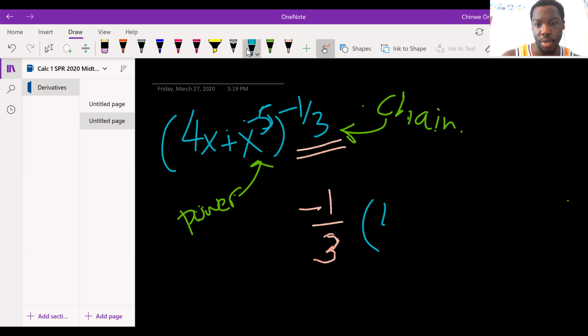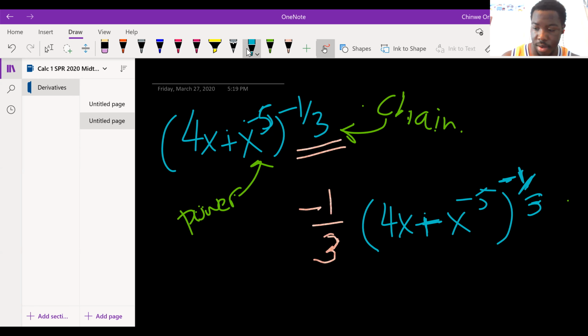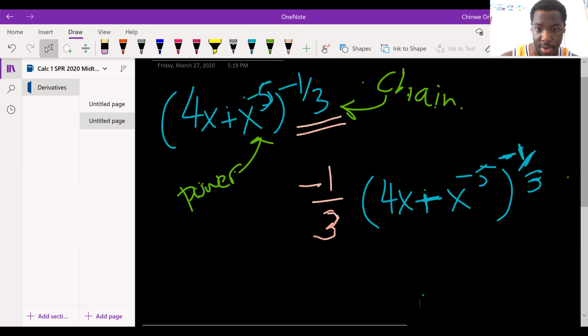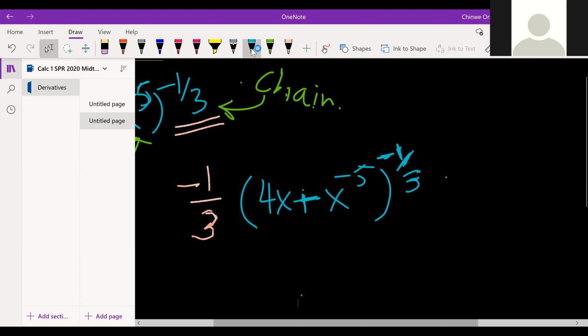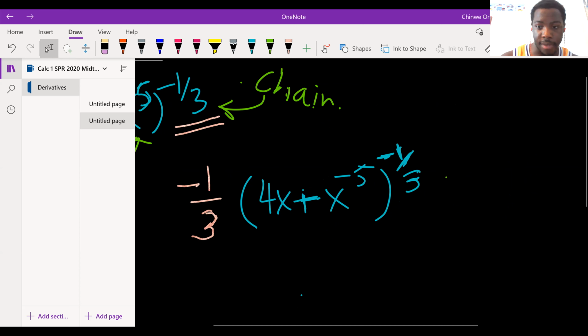4x. So you do the outside function, then you keep that input the same. Everything else is going to stay the same, except the exponent and the part that you move to the front. So this is the derivative. Let me create some more space here. Is it still going to be raised to -1/3?